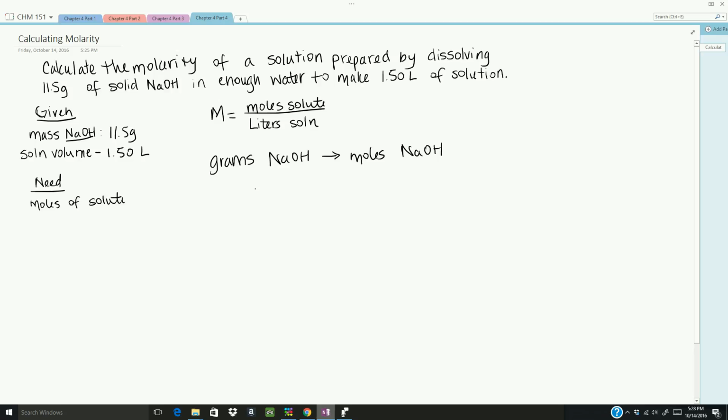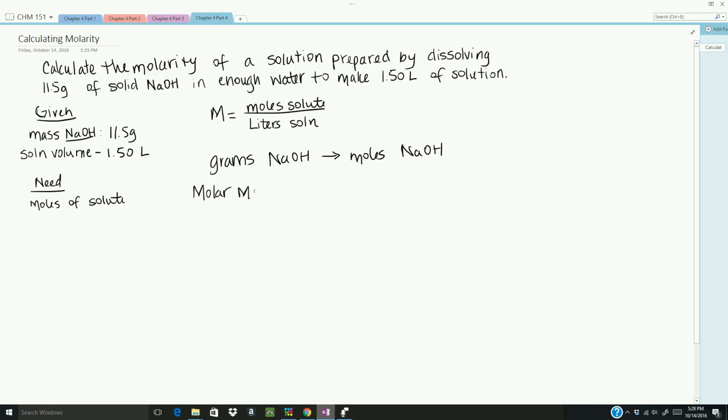You guys can probably already tell how much chemistry builds on itself. We've practiced how to calculate molar mass, and now we're going to use molar mass to convert to moles in order to find the concentration of a solution. All of these small skills really build up as we go through the semester, so keep that in mind as we progress.